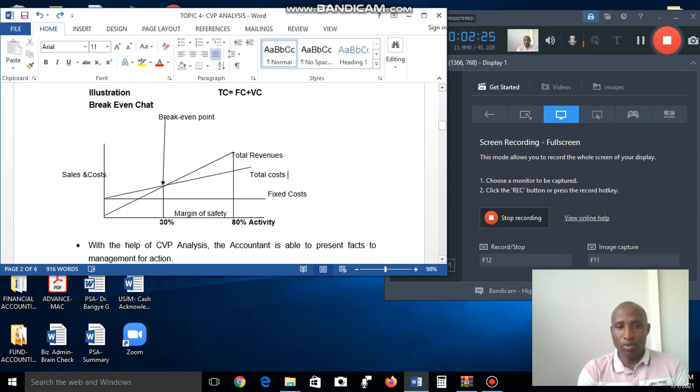A point where the total revenue curve cuts the total cost curve is what we call the break-even point. Now, we know that total costs are equal to fixed costs plus variable costs. So this is a curve for total costs.